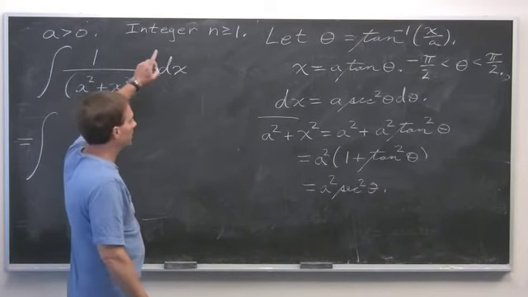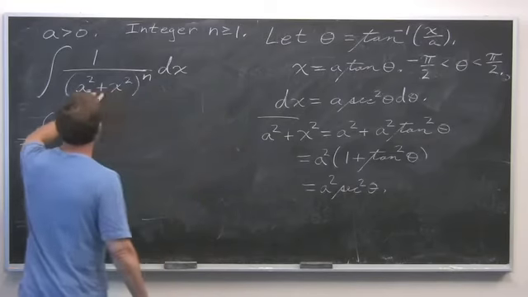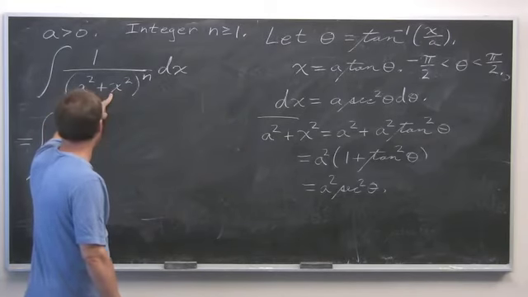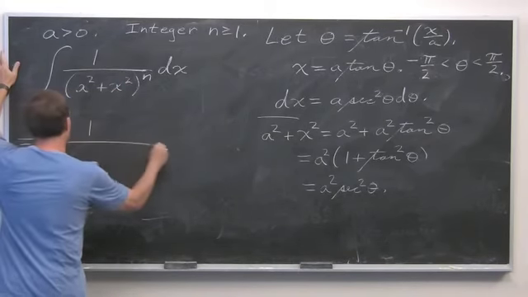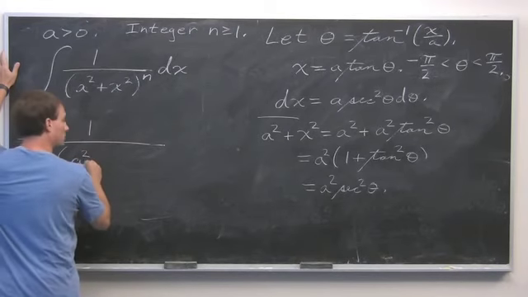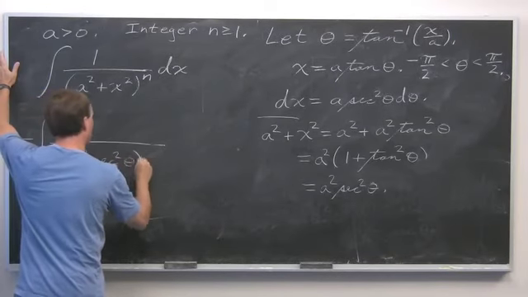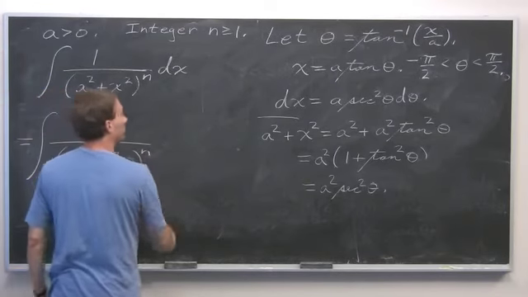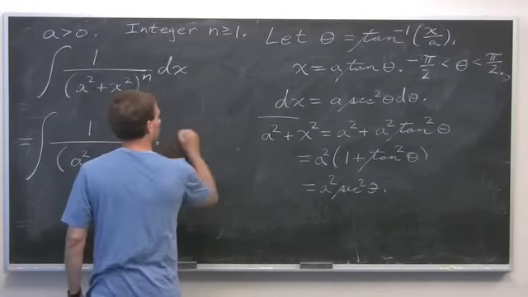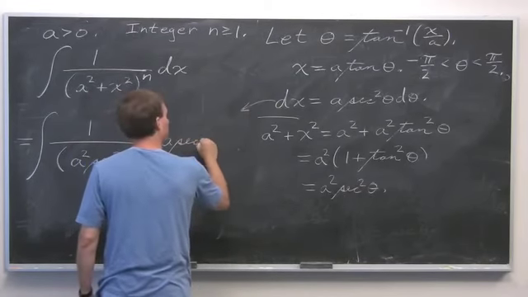This integral becomes, all right, the a squared plus x squared is a squared times secant squared theta, and this is all raised to the n, and then it's times dx, which is a secant squared theta d theta.